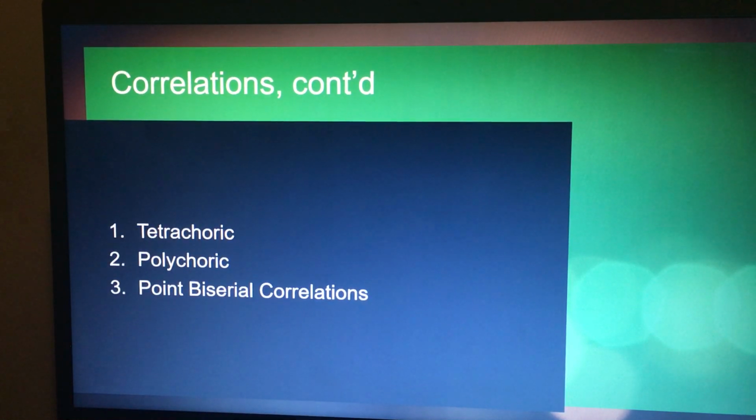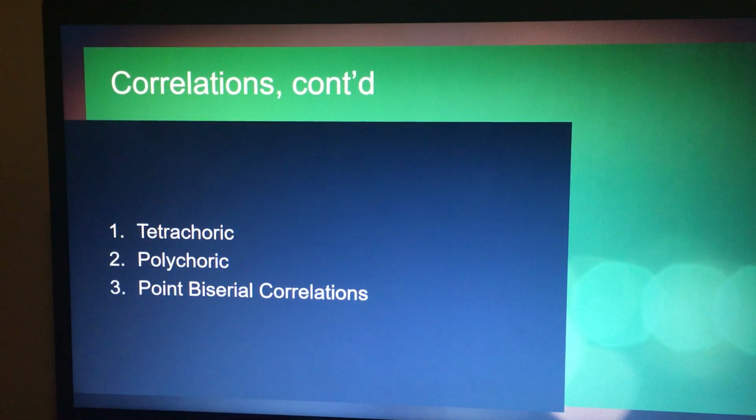The polychoric correlation is different from Cramer's V, which is also used with two ordinal level variables, in that the goal of the polychoric correlation is to estimate what Pearson's R would be if we had measured each variable on an interval or a ratio continuous scale.